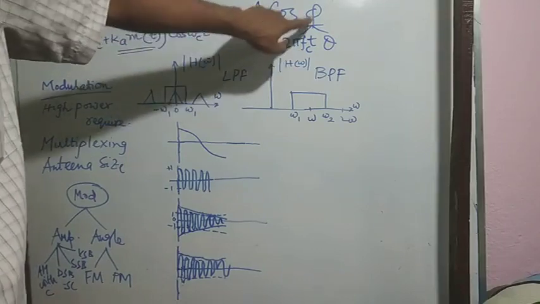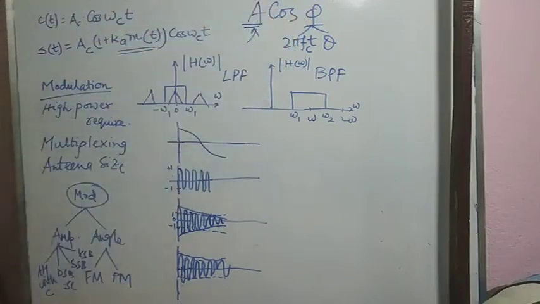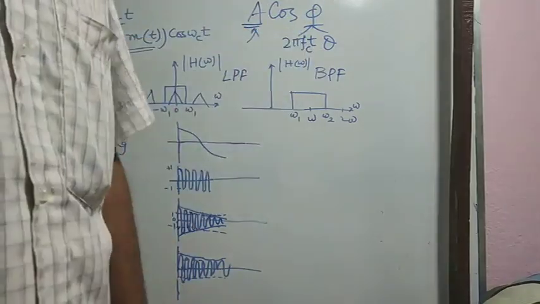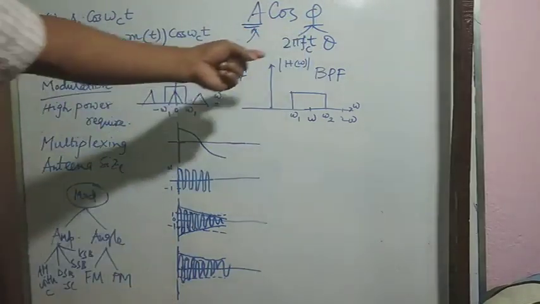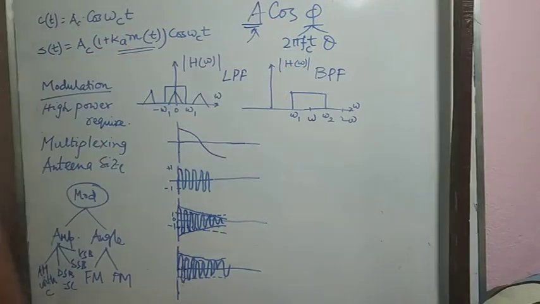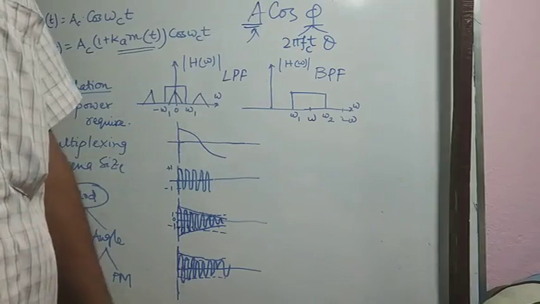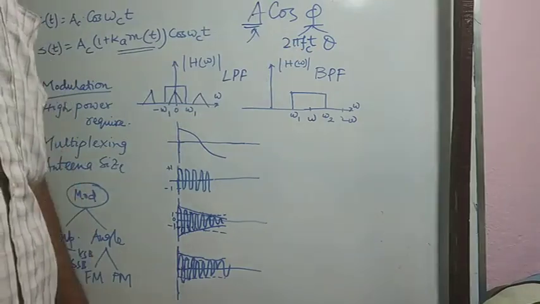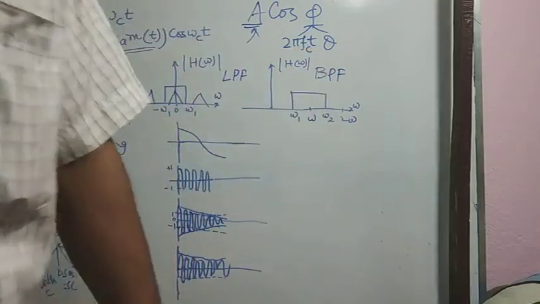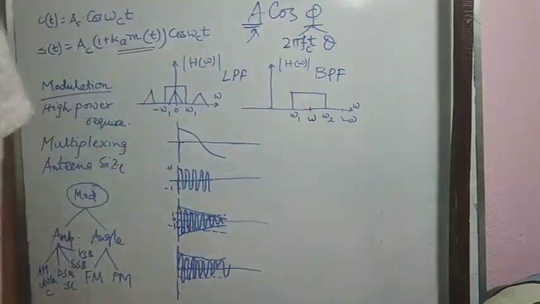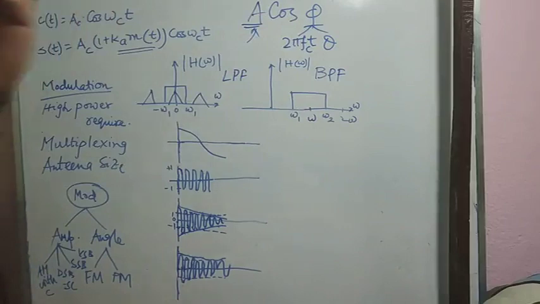Within the angle, we will either change the phase or the frequency. If we modify the frequency, then it will be frequency modulation. If we change the phase of the carrier signal in accordance with the message signal m(t), then we will call it phase modulation.